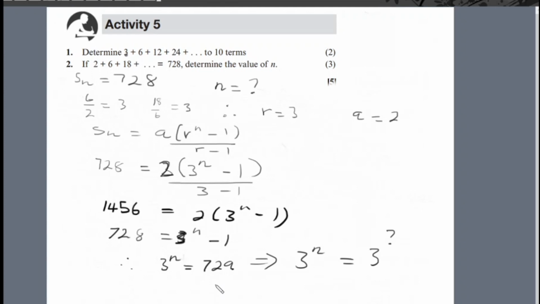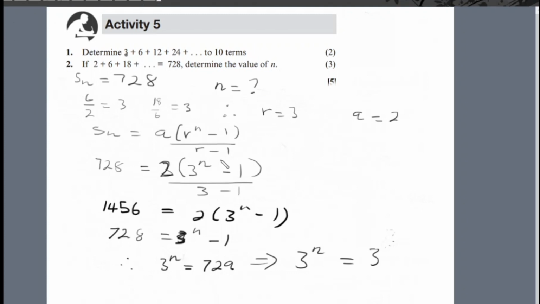So I usually do this by trial and error. So by trial and error, if I say 3 to the power 6, ithola u729.